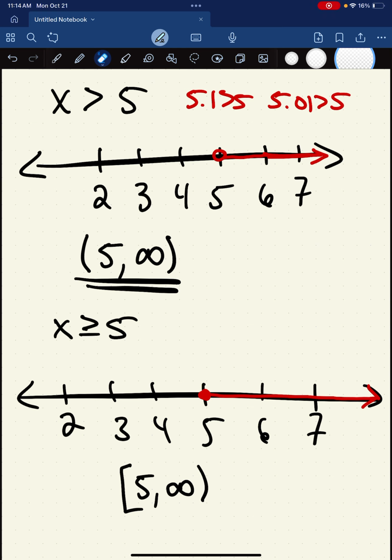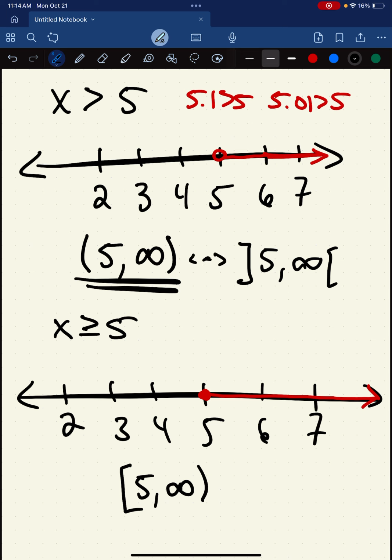Now, one note I want to make, if you read especially newer style textbooks, authors sometimes like to use backwards brackets for this notation. I don't know why you would need to know that, but in case you ever see backwards brackets like that, these are the same thing.